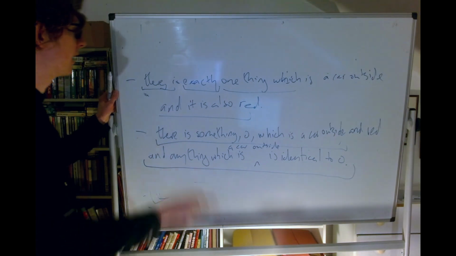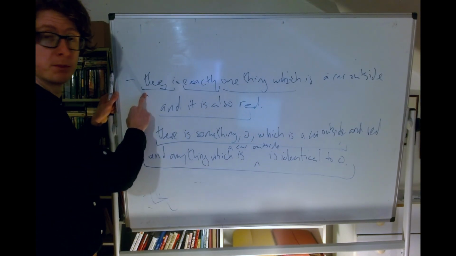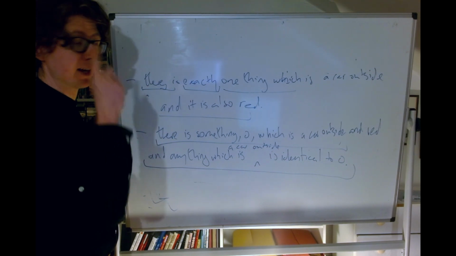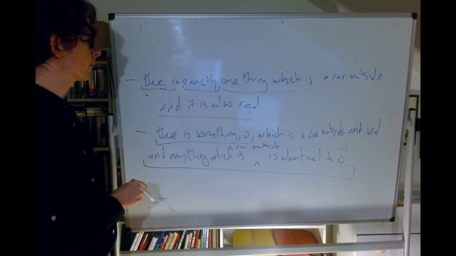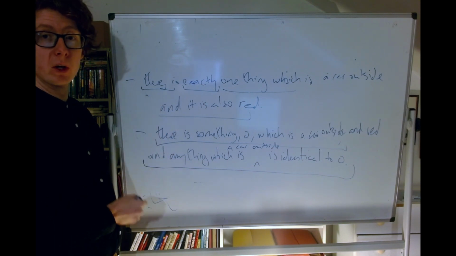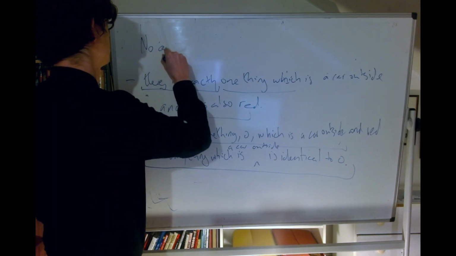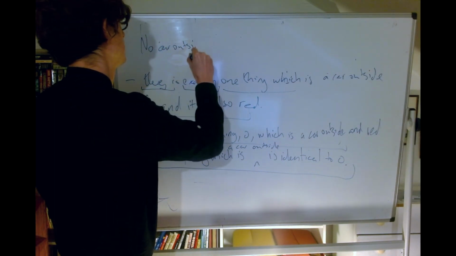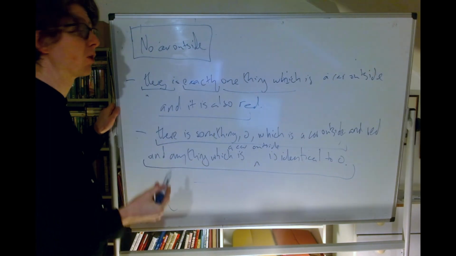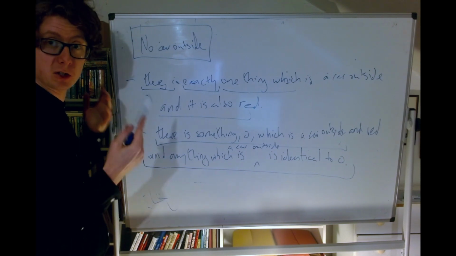So let's think about all the possible situations where this claim might be false. The claim, there's exactly one thing, which is a car outside, and it's red. One situation is just where there are no cars outside. Because if there's no car outside, well, there can't be exactly one thing, which is a car outside and red, because there just are no cars outside.